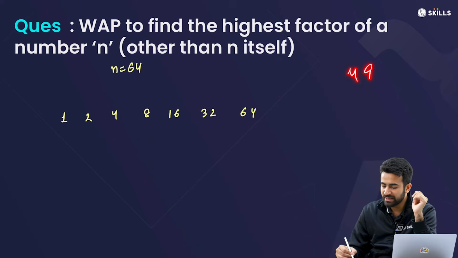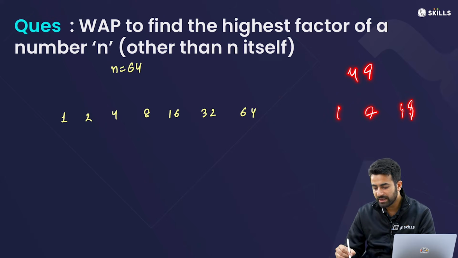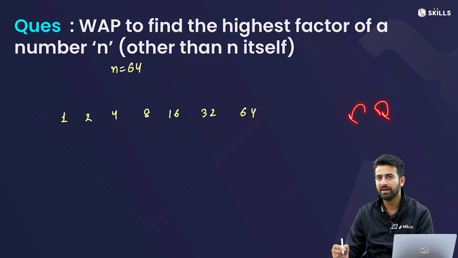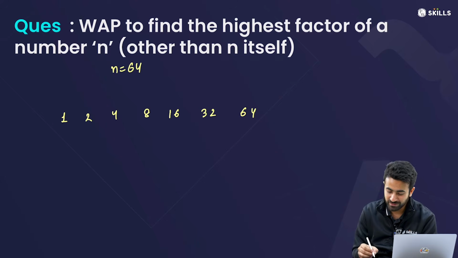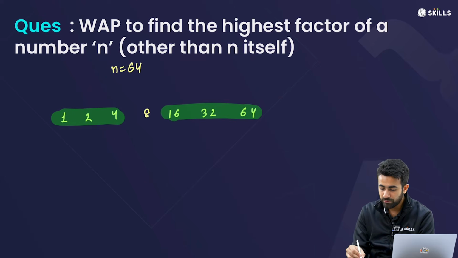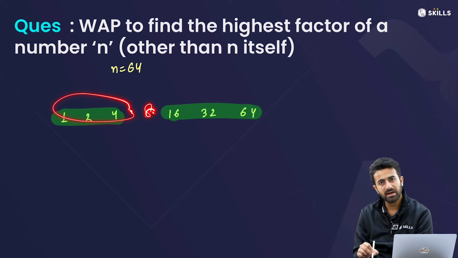For some numbers like 49, the factors are 1, 7, 49, no others. What I'm trying to say is, if before the square root there are x factors, after it there will be an equal number of factors. If there are no factors, there will be no factors. It is a very nice observation. You can see, before the square root of 64, there are 3 factors, and after it there should be 3. This is valid for any number.